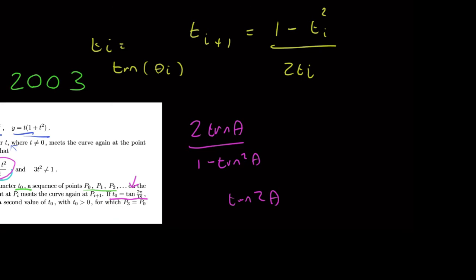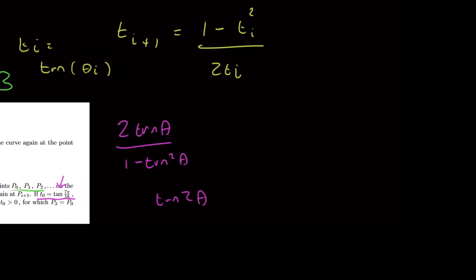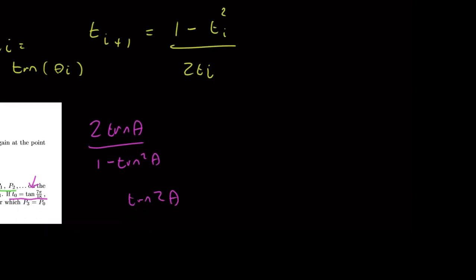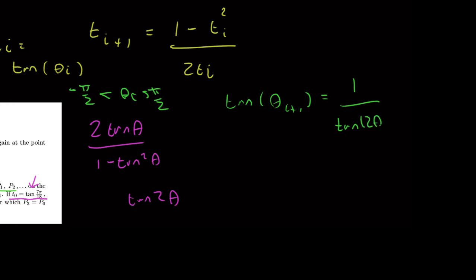I don't see why not, for some value of theta, as long as we're careful and specify theta to be in a certain range. Well, we see that t i plus 1 is just another way of saying tan of theta i plus 1, and we saw that was actually just 1 over tan of 2 theta i.